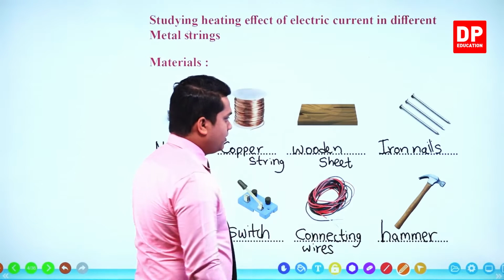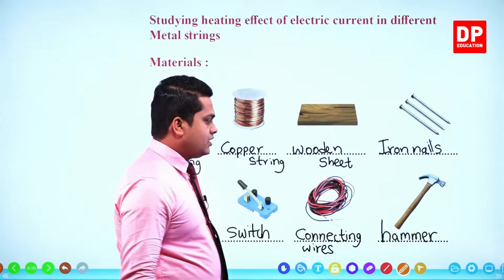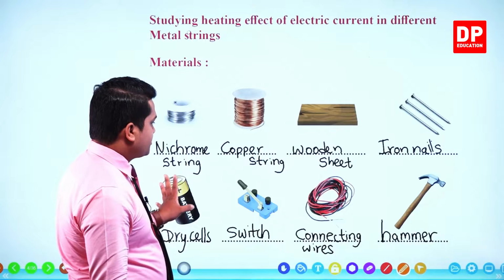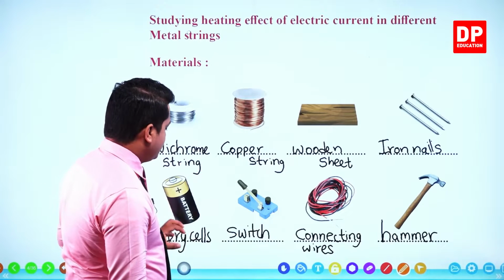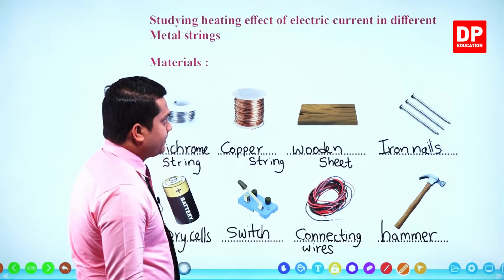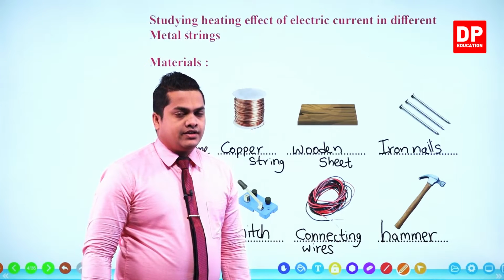Hammer is used to pin these iron nails onto the wooden sheet. Okay. Right. So these are the materials that we need. We'll be needing a nichrome string and a copper string, a wooden sheet, some iron nails, dry cells, switch, connecting wires, and a hammer. Right. So these are the materials that we need in conducting this activity.